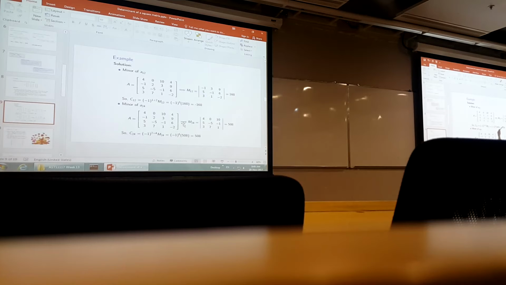You do not have to care about the original value of that position. Forget the row and column of each position, and calculate the determinant of the rest of the numbers, and that is the minor of that position.